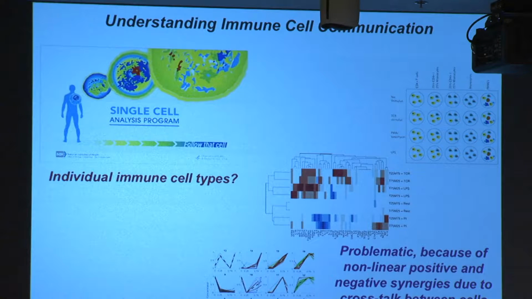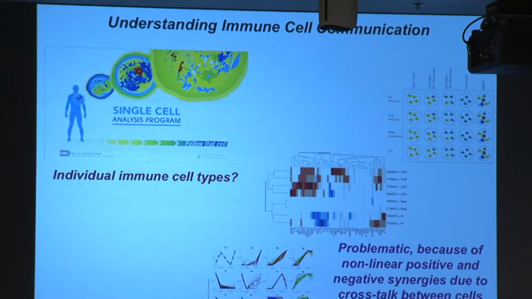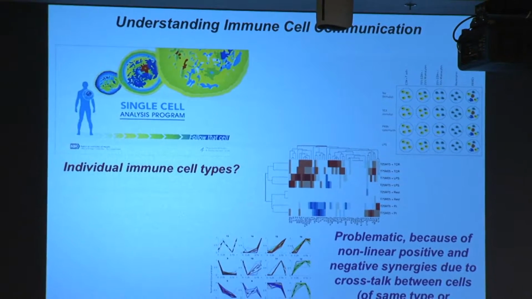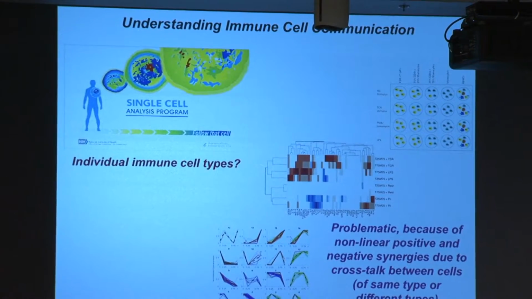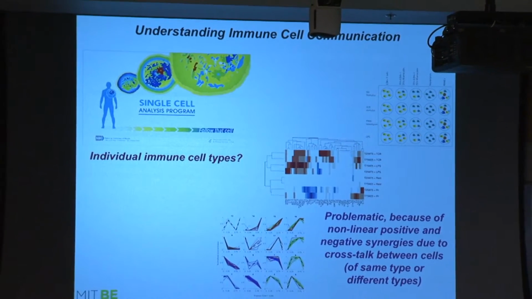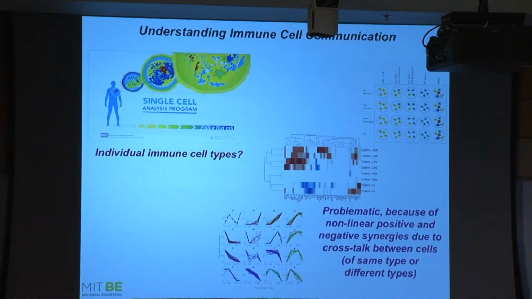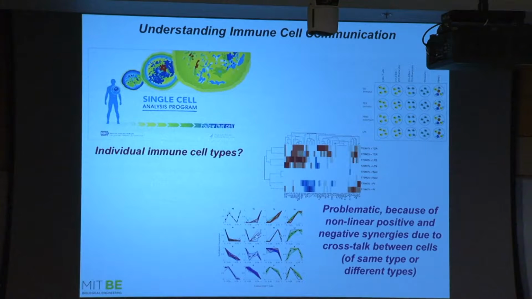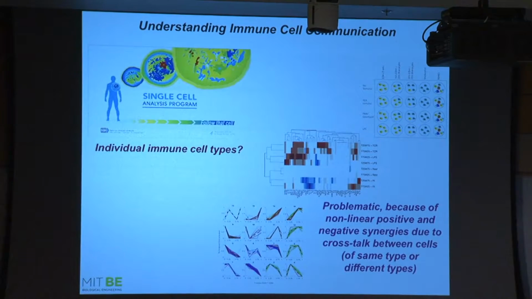So what are the ways to look at it? One place that there's a lot of attention these days is to take individual immune cell types and one by one interrogate them and say, what do these cells do and what does this cell do? The problem with that, of course, is it should be appreciated that even if you have the same cell type, if you put two of them together, they'll do something different than if you have only one.